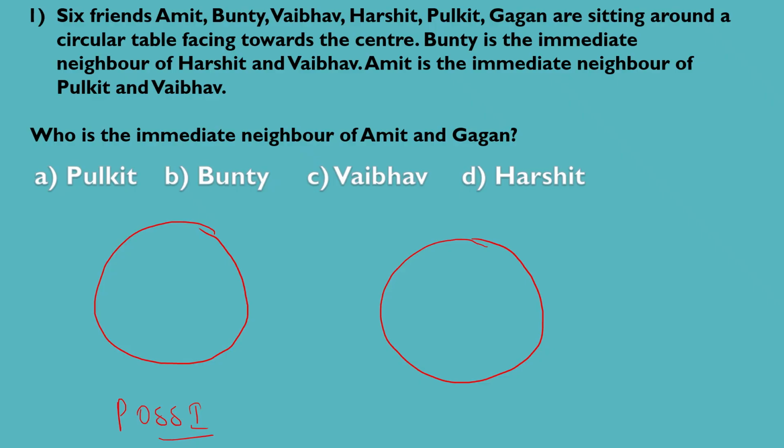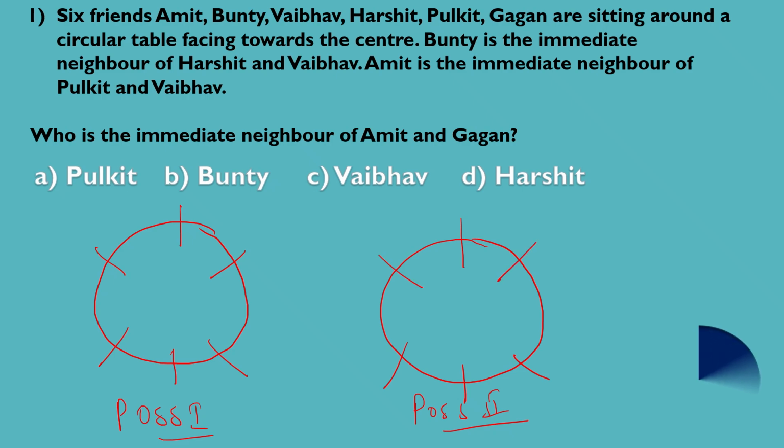If one possibility is not working, other possibility will work. Possibility 2. Six friends. So how you will place them in a circular table? 1, 2, 3, 4, 5, 6.